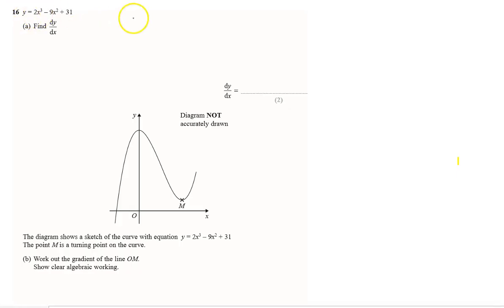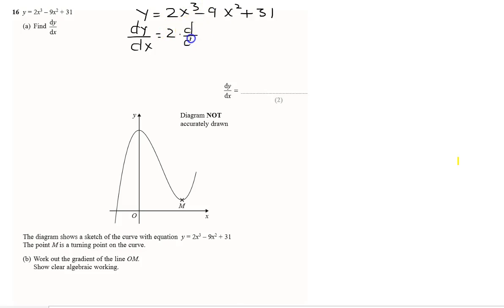Question number 16. Y is equal to 2x cube minus 9x square plus 31. We find dy over dx. We have to differentiate it. 2 is a constant.